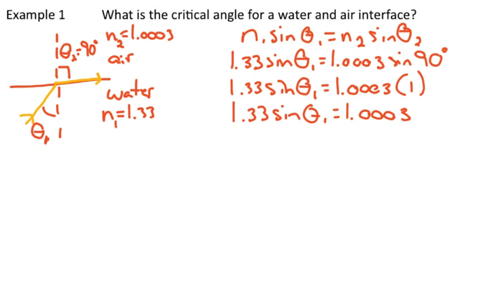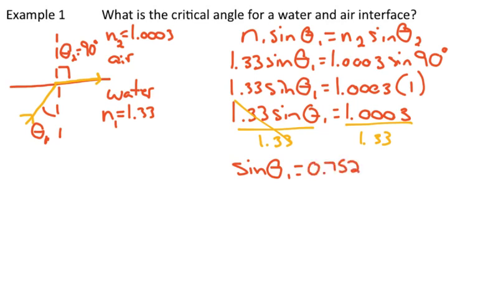Our goal is to get theta 1, so we'll divide both sides by 1.33. Divide out the right, so sine of theta 1 is 0.752 1052632.